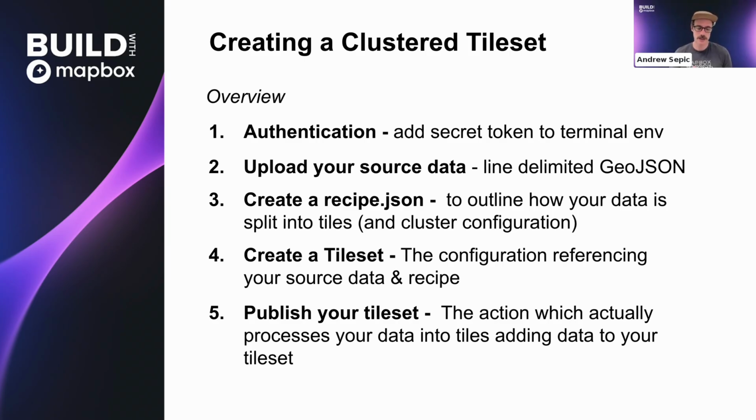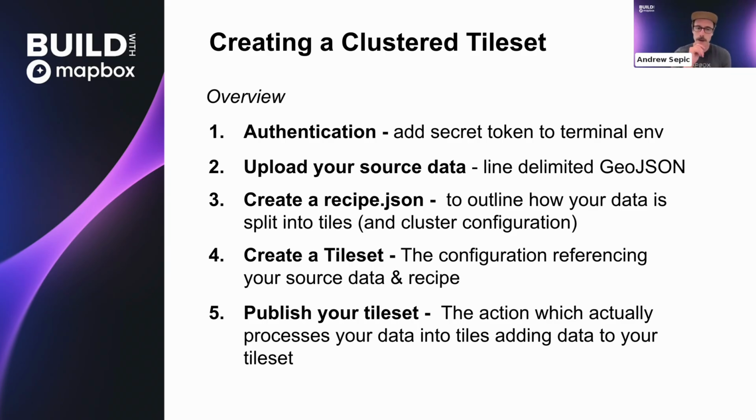You want to add tilesets read and tilesets write capabilities to that token. We could pass it on every request, but we'll just export that variable to our terminal session so we don't need to use the token on every request. So first step, we'll authenticate, giving the tilesets CLI our secret token. Next, we're going to upload our source data. This is going to be line-delimited GeoJSON of all the public schools in the US.